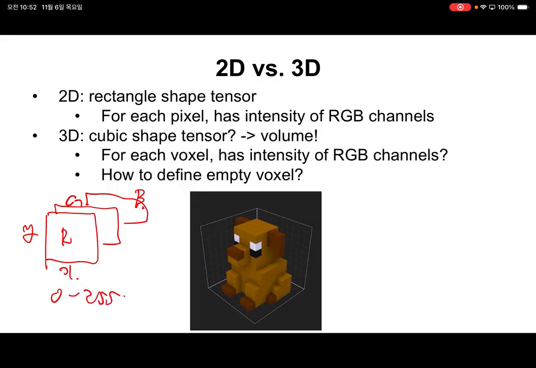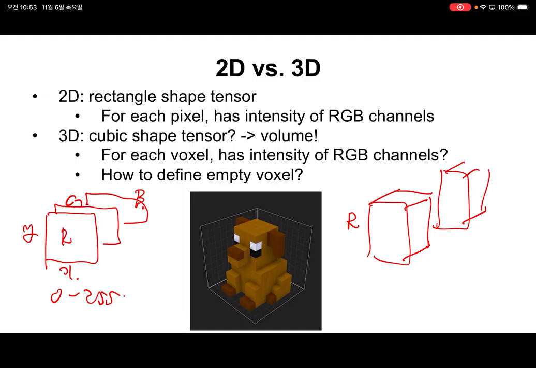But how can we extend this to the 3D case? The extension of a rectangle to 3D is a cube, right? So we can make a cube for the R channel, another cube for the G channel, another cube for the B channel.